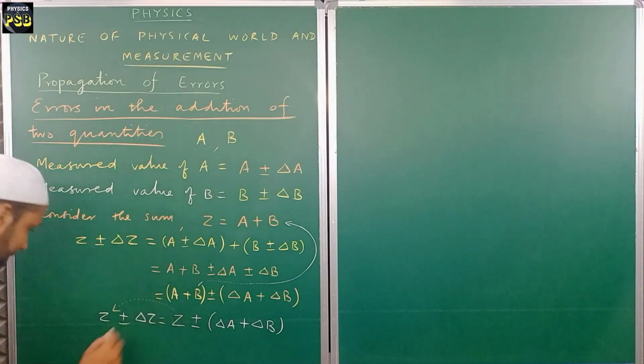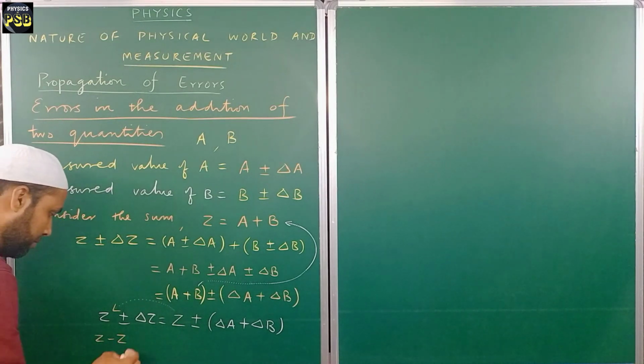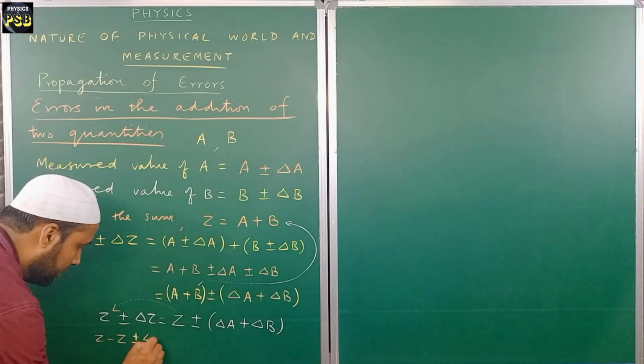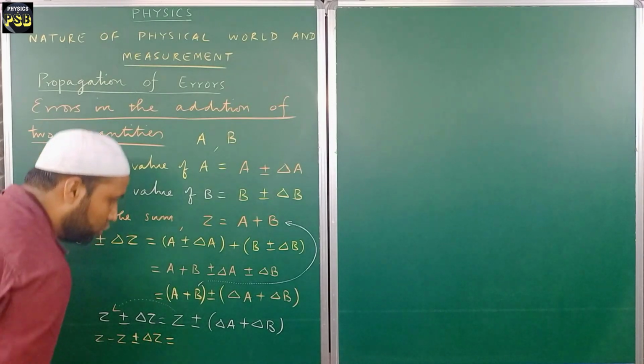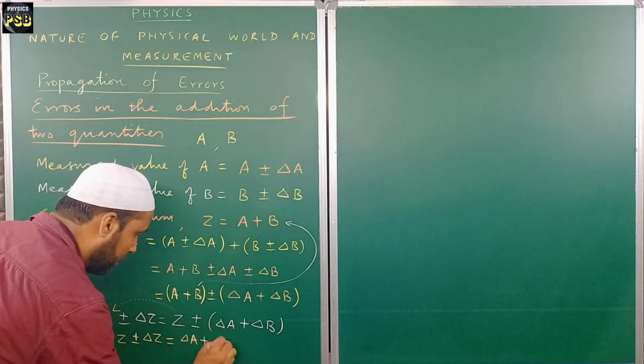So I get Z minus Z plus or minus delta Z, which is found to be equal to delta A plus delta B.